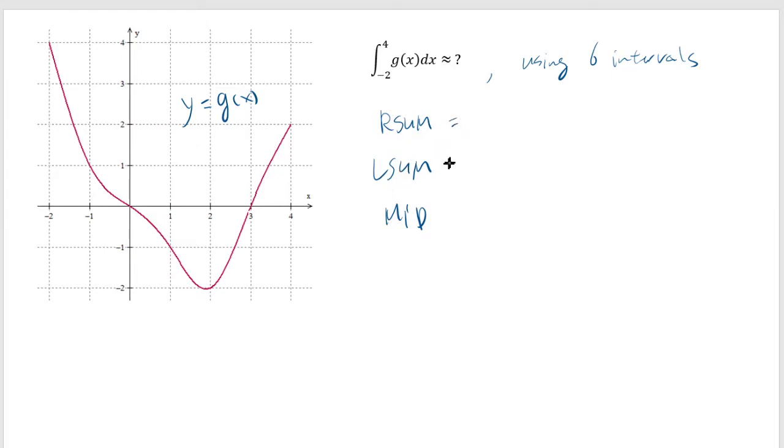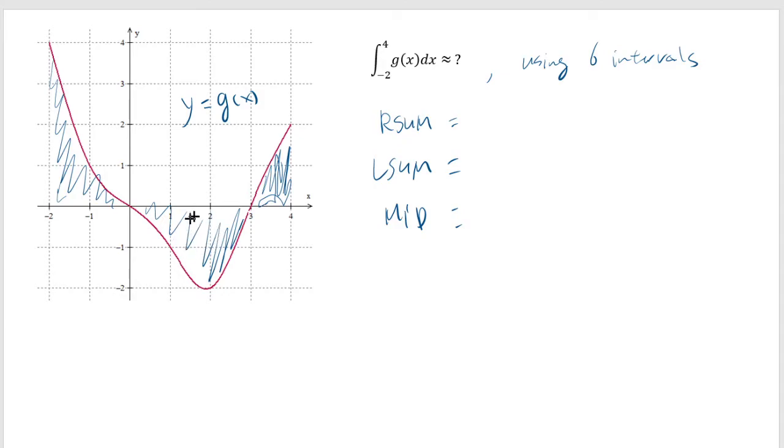So we have to find an approximation of the integral. The actual integral has the following meaning. It's the area under the curve, or above the curve, anything that's between the x-axis and the graph. If it's above the x-axis, this will be counted as positive.